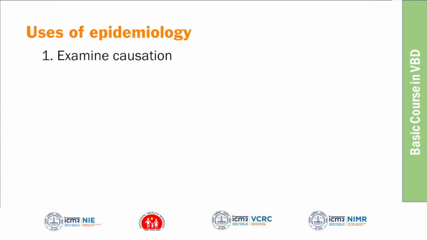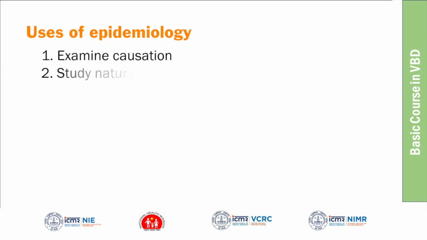And as a logical science, this is a question that we always ask, connecting X with Y, connecting a particular factor with that of the outcome. Therefore, the first use is about examining causation.